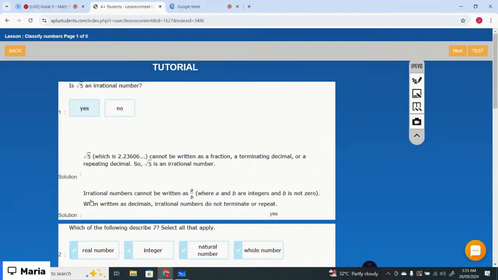Square root 5 cannot be written in the form a by b. That means square root 5 is not a rational number. So that is the decimal number, right? The correct option is yes.